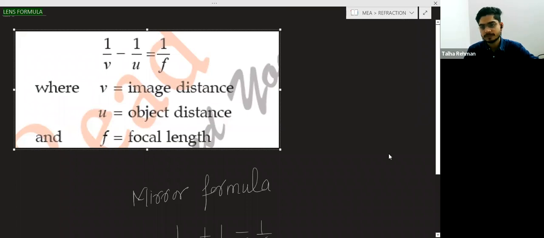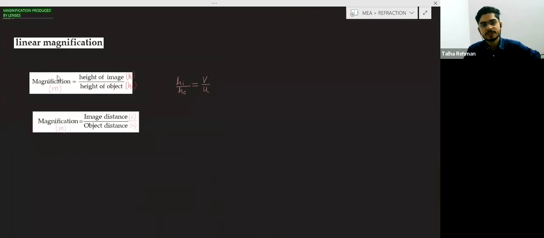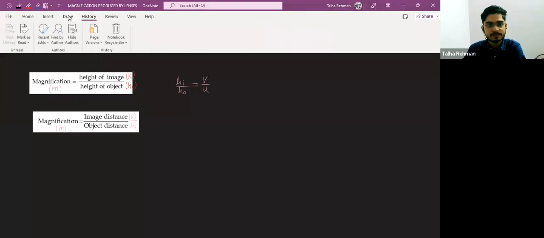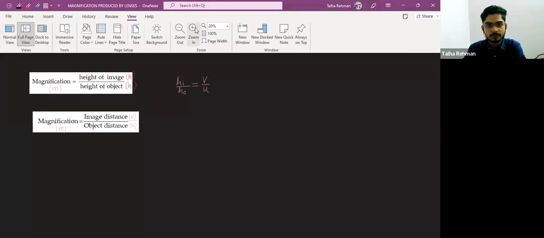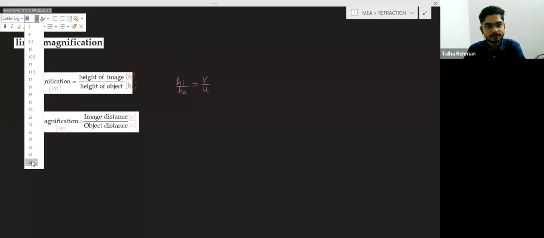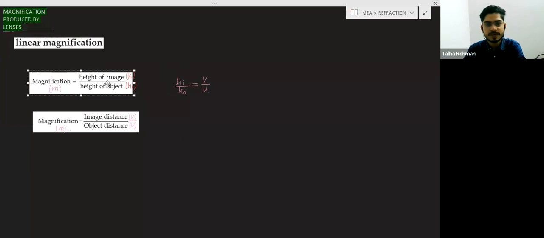Magnification produced by the lens, we are talking about linear magnification. It is given by the height of the image divided by the height of the object, and also by the image distance divided by the object distance.